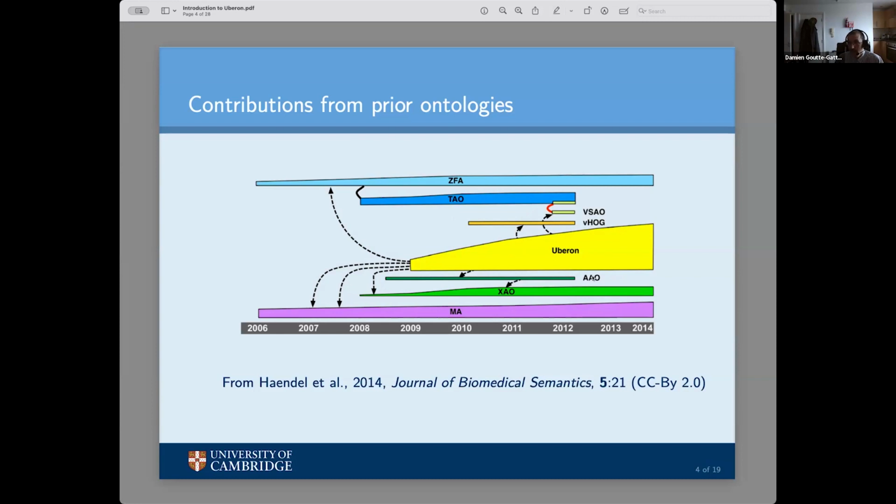They are instead directly embedded within Uberon. As for the other ontologies, such as the zebrafish anatomy ontology, or the xenopus anatomy ontology, or the mouse anatomy ontology, they still exist. Their terms are simply mapped to Uberon terms in ways that I will describe a little bit later.